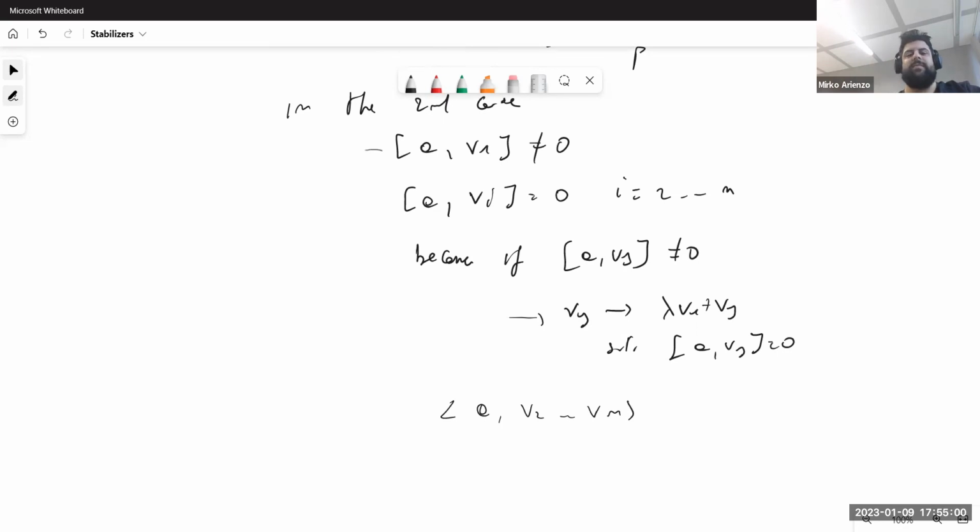So here we were assuming that A is not commuting with V1, but A is commuting with V2 through Vn, and you just replace V1 with A. So your state after the measurement will be described by this Lagrangian.